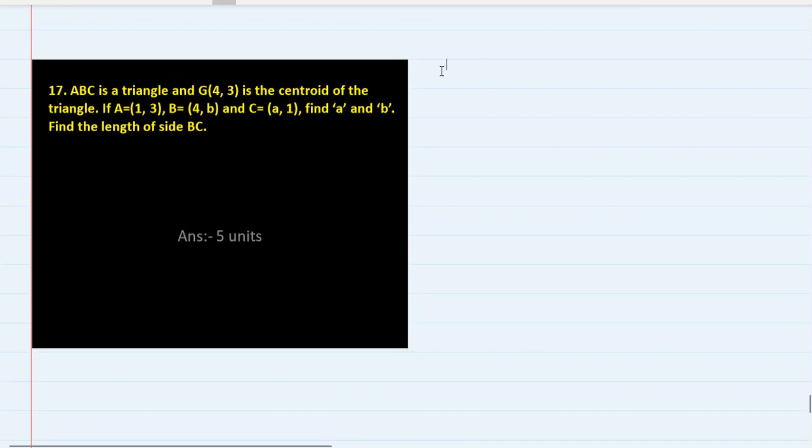This is also based on the centroid. ABC is a triangle and the coordinates of the centroid are given. If A is (1, 3), B is (4, b), and C is (a, 1), find a and b and find the length of the side BC. Here you have to use the formula for the centroid.